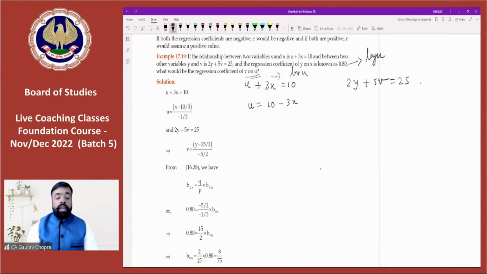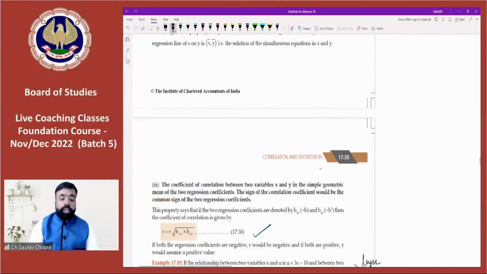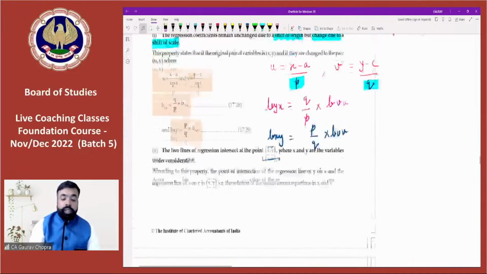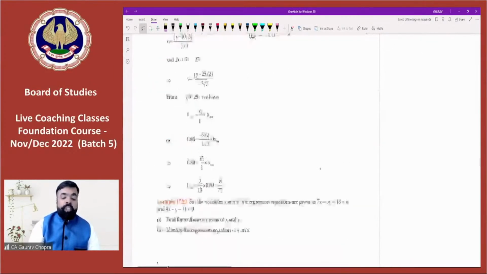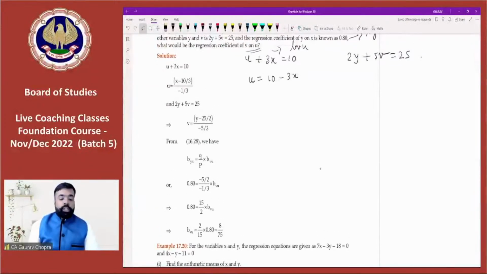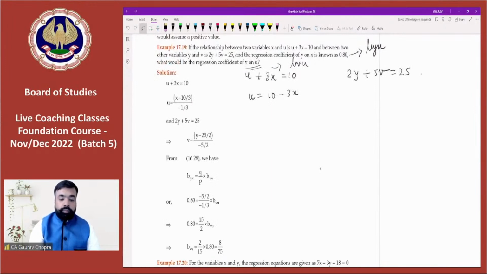Now in which format do we have to arrange it? Our format was this one: u equal to (x minus a) upon p. We have to arrange in this manner. So we have to keep only x, so we can divide by 3 and do the conversion.